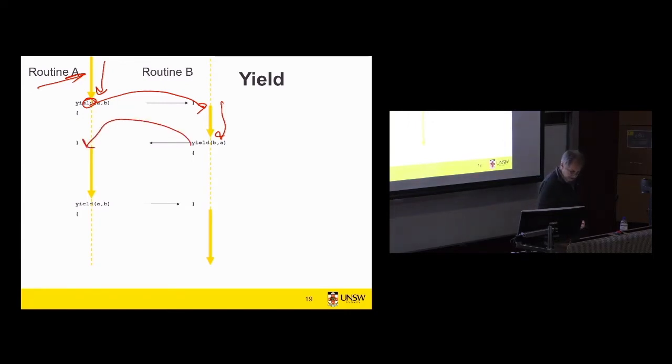Yield ends up going back to routine A by switching stacks and restores the state that we saved back up here. So yield effectively returns to the code running there. We make some progress, and yield gets called again, etc.